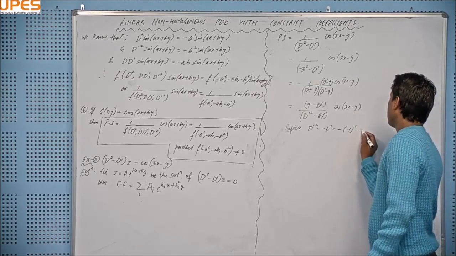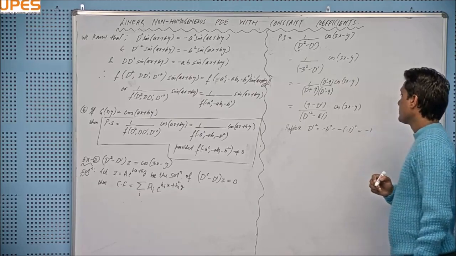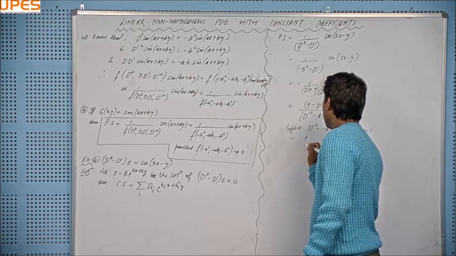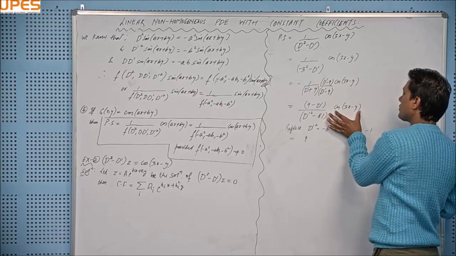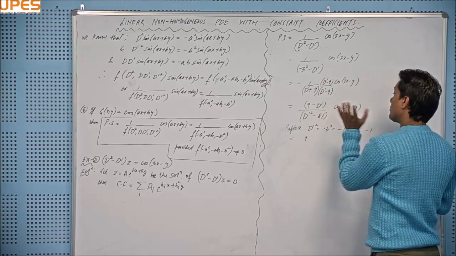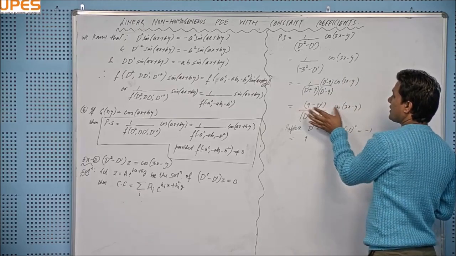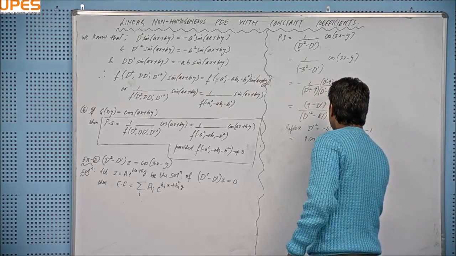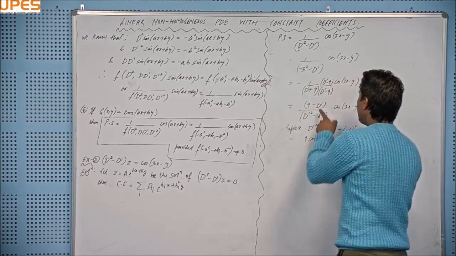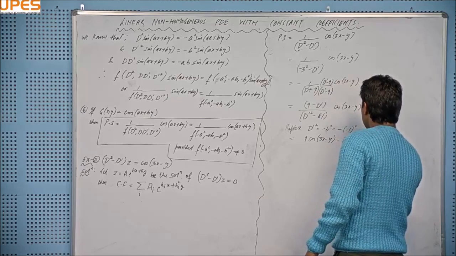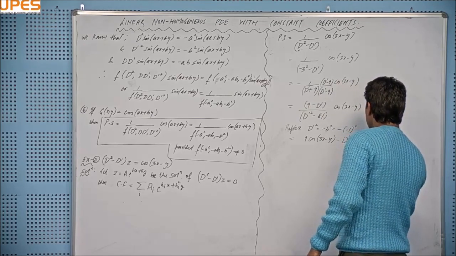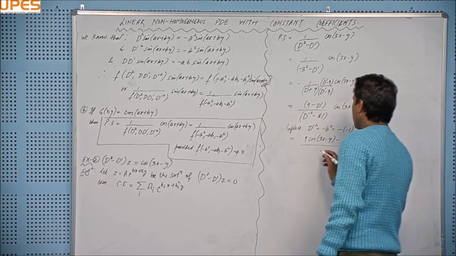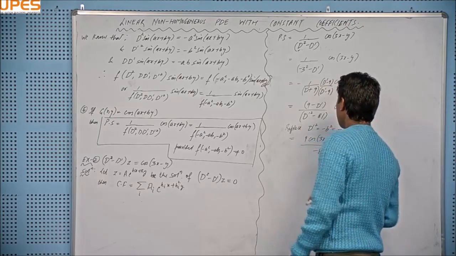Then it will become minus 1 in the denominator term, and the numerator operates on the cos function: 9 times cos of 3x minus y minus D dash of cos of 3x minus y, and the denominator will become minus 1 minus 81, that is minus 82.